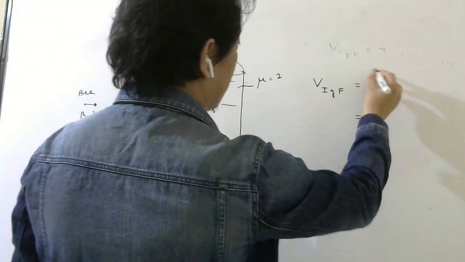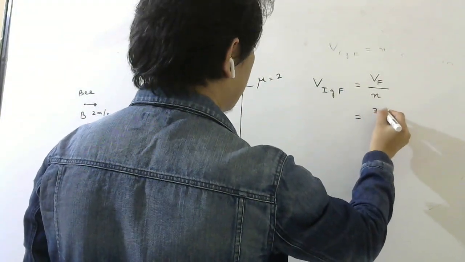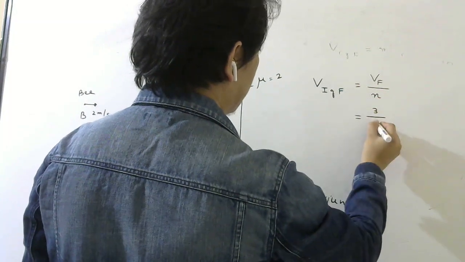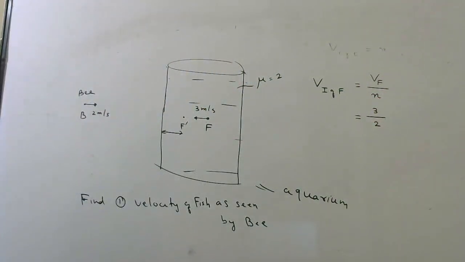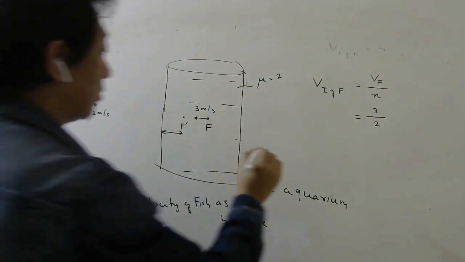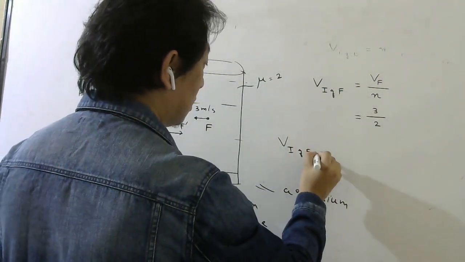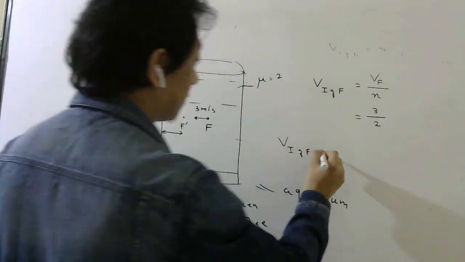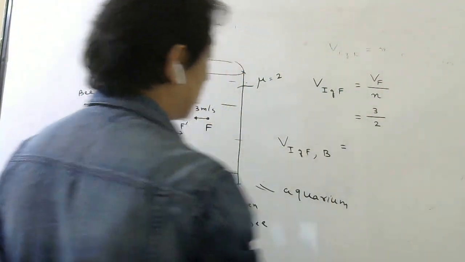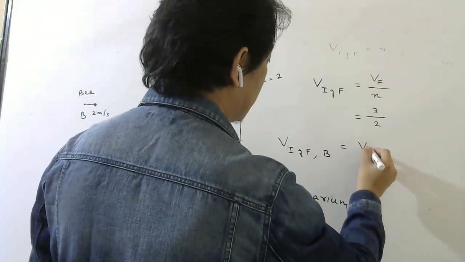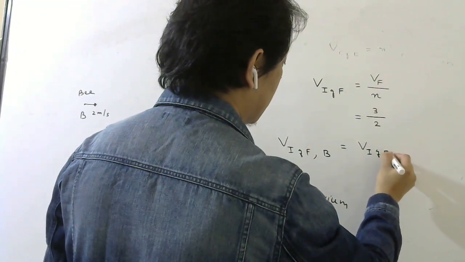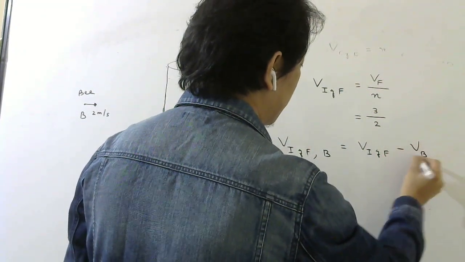So equal to velocity of fish with respect to ground is 3, refractive index is 2. So that is the velocity of image of fish. Now the question is to find velocity of image of fish with respect to B. So that means apply the formula, velocity of image of fish minus velocity of bird.